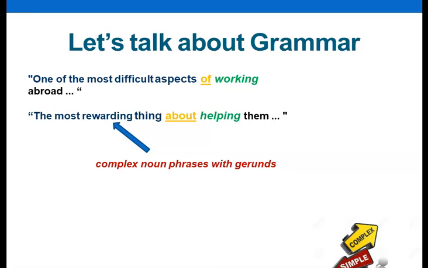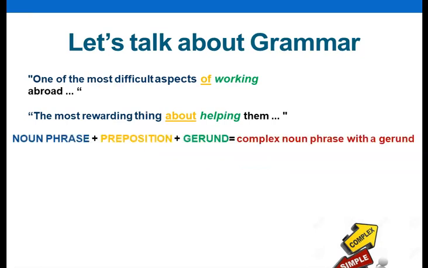So that's what a complex noun phrase with gerunds is. It has three parts: a noun phrase, a preposition, and a gerund. A noun phrase plus preposition plus a gerund will make a complex noun phrase with a gerund. And all this structure serves as the subject of a sentence.